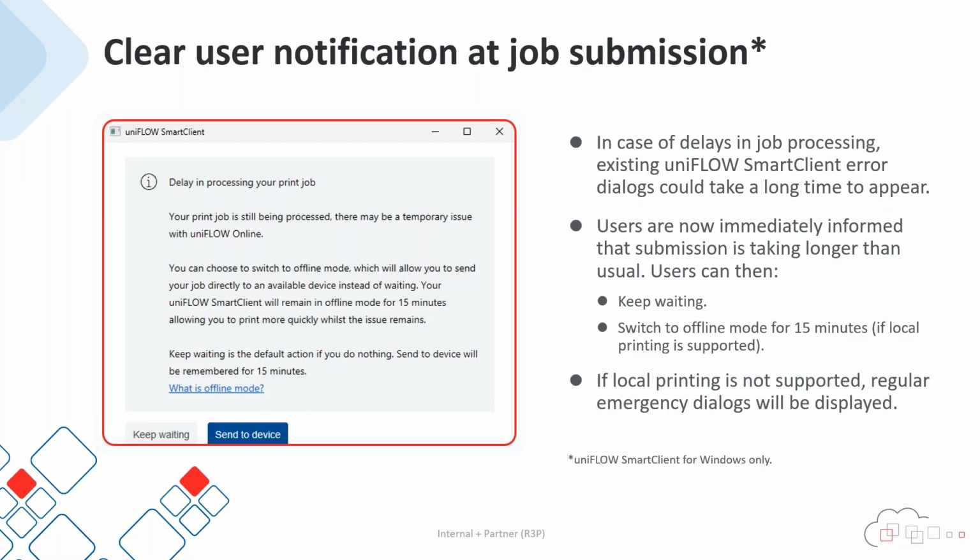This allows them to decide whether to keep waiting or switch to offline mode for up to 15 minutes if local printing is actually supported. If local printing isn't available, regular emergency dialogues will guide them through what to do next. So let's now look at how we've improved emergency access at the device level, which is really cool.